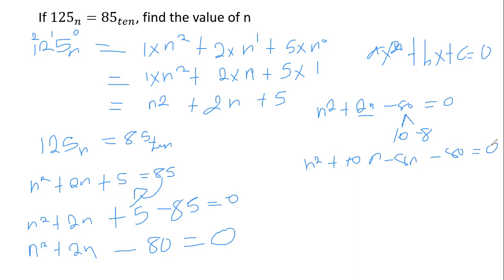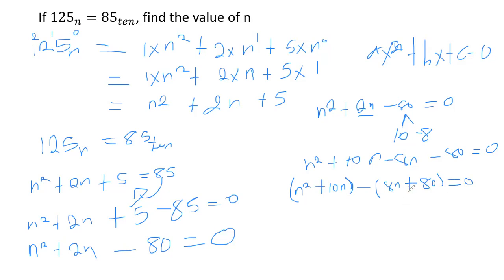Then we are going to group them in 2 pairs. The first pair would be n squared plus 10n, then we minus open bracket 8n plus 80, and we put that equal to 0.